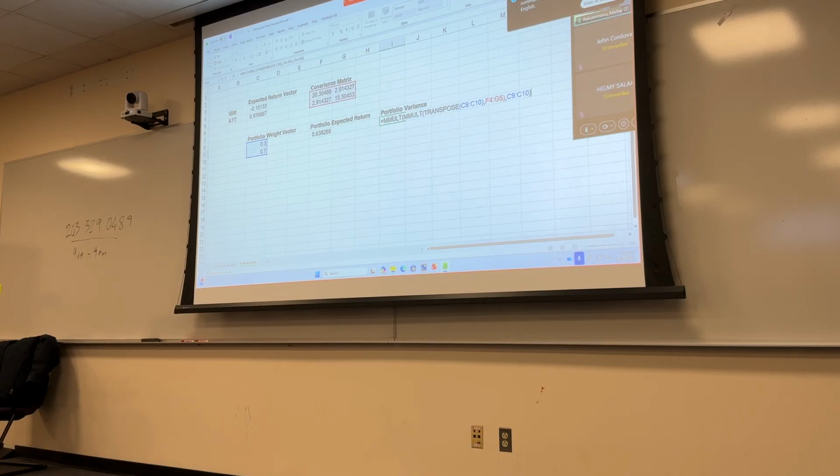Literally, you use every unique term of the covariance matrix. Do we all see that? I think I've repeated this enough, but if you had to write this down for 100 stocks, how many terms would you have to type in? 10,000.